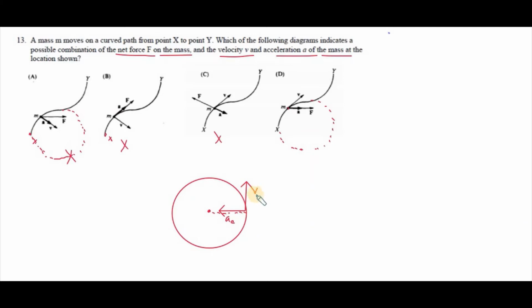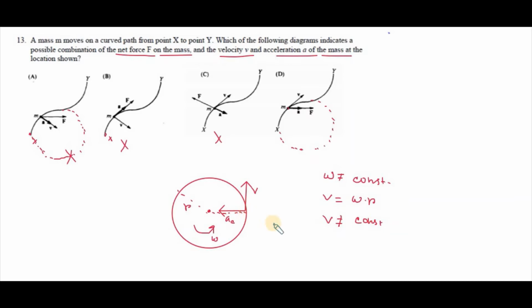But what will happen if it is a non-uniform circular motion? Non-uniform circular motion means that the angular velocity omega is not constant. And we know that the tangential velocity can be represented by the angular velocity times the radius, v = ωR, where R is the radius of the circle. So if omega is not constant, then v is also not constant.